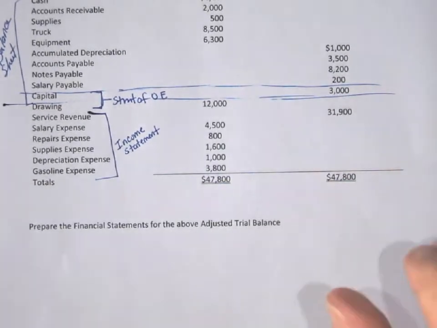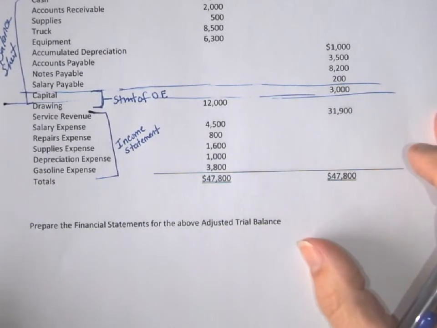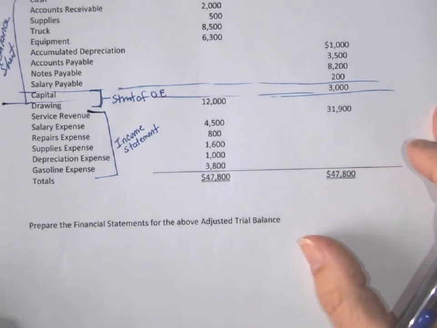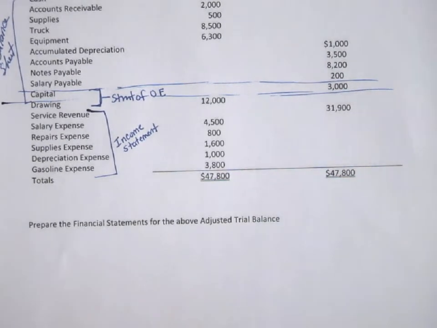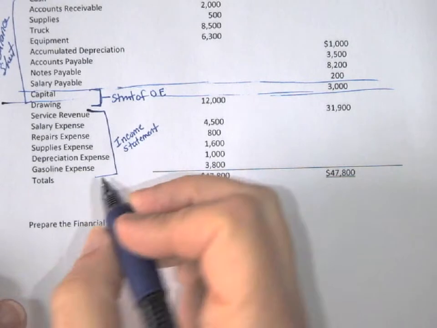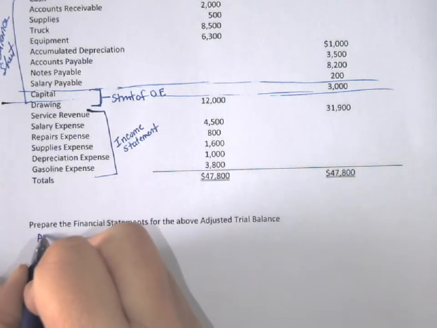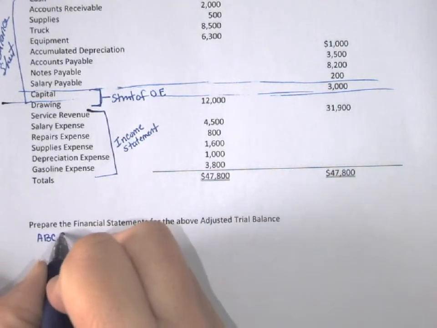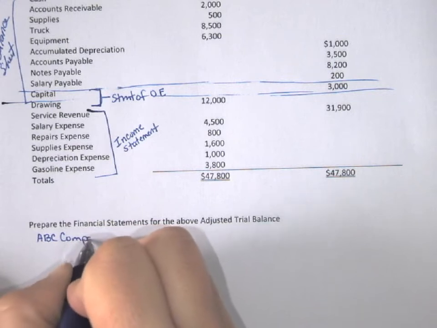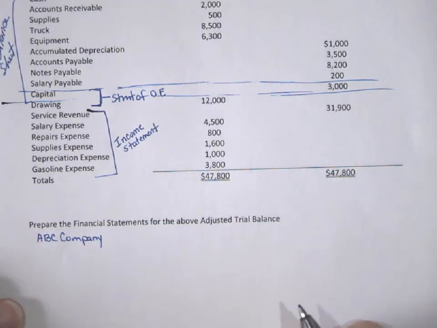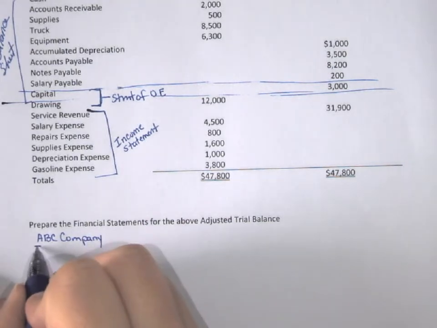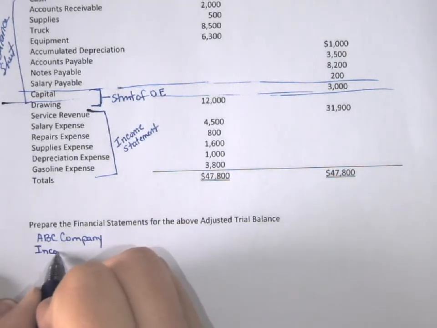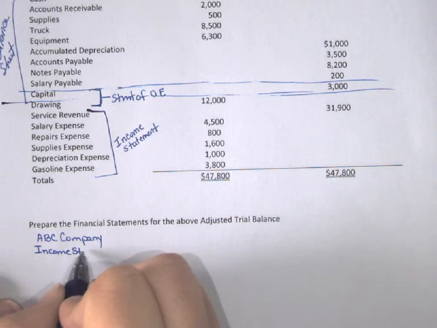And so what we look at with all of our statements is the header. For our header, you have the company name, so we look at ABC Company. You will also look at the title of the statement, so this one is an income statement.